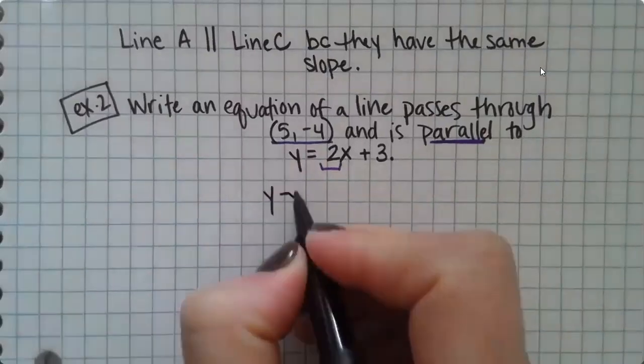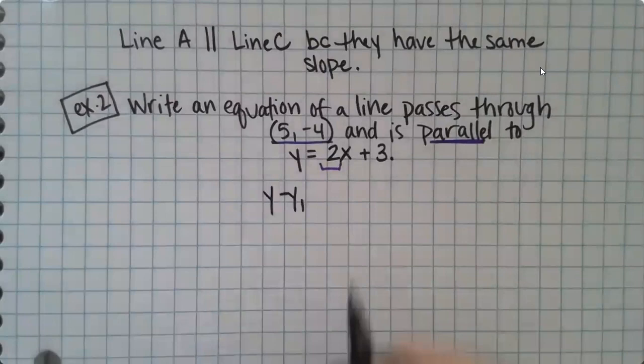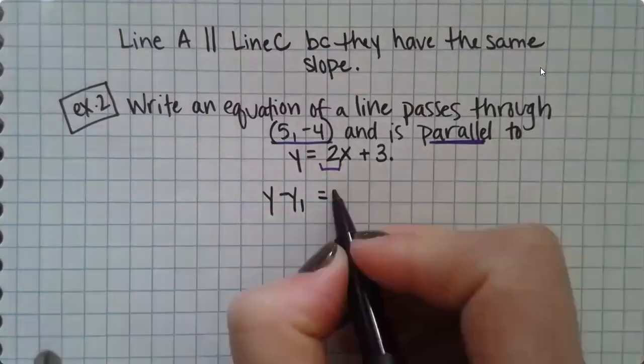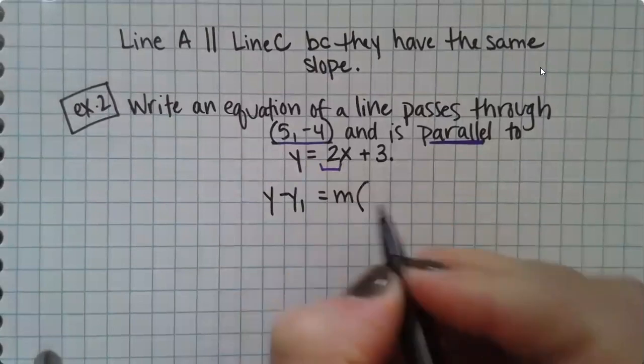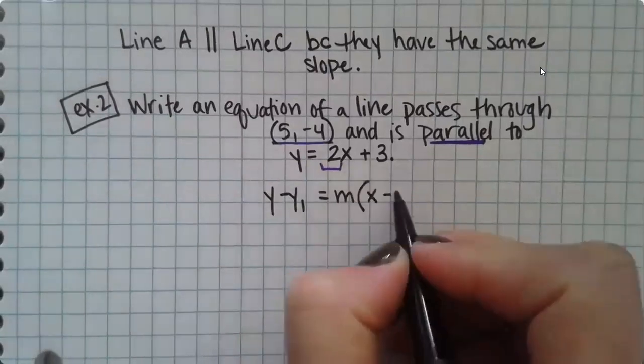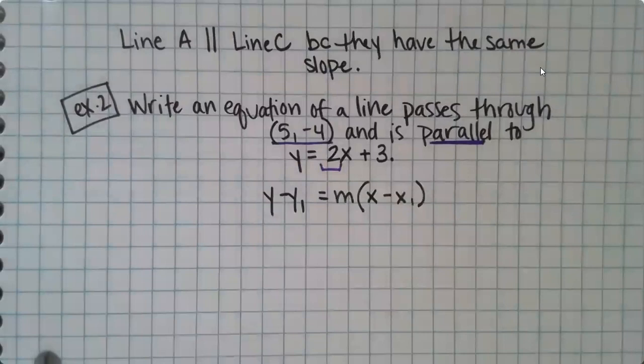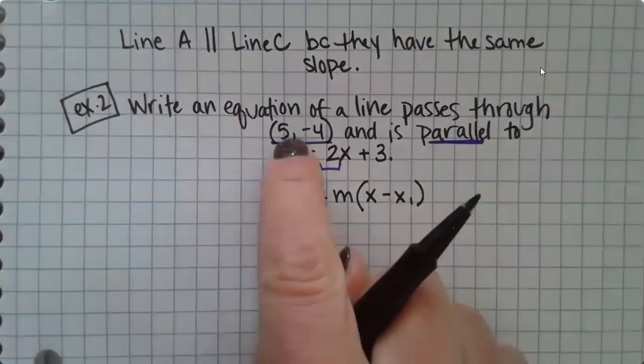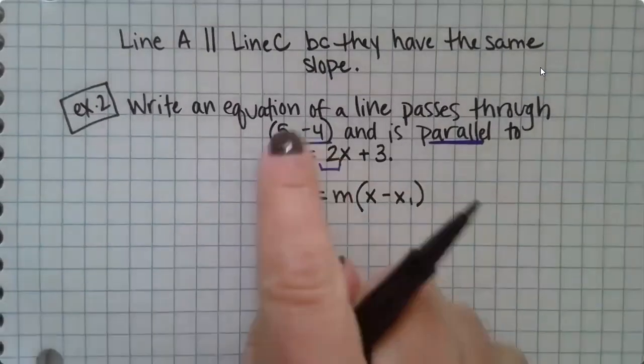Remembering that point slope is y minus y1 is equal to m times the quantity x minus x1. And we're going to use this point as our x1, y1.